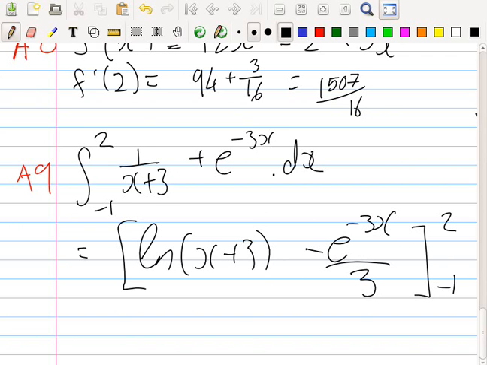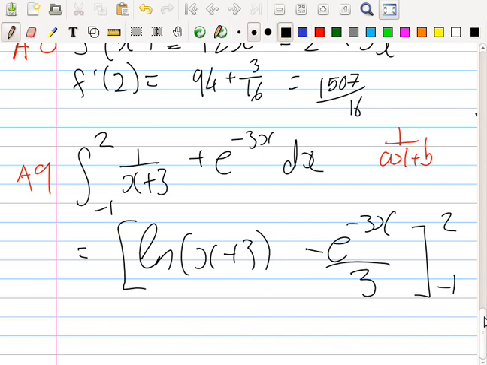Now, where did I get these from? Formula book. You have the formula book there, Jeffrey? Yeah. You can see that this formula in the formula book is written like this, 1 over ax plus b. So here, what's the a? 1. And here, what's the b? 3. Okay? You get this.